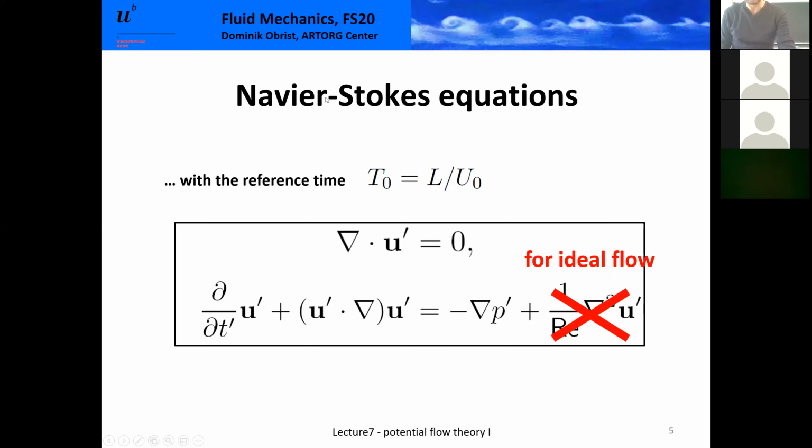Let me stop the slide here. So the continuity equation still remains the same as always. It's still the continuity equation. The momentum balance looks like that on the left-hand side with the material derivative.